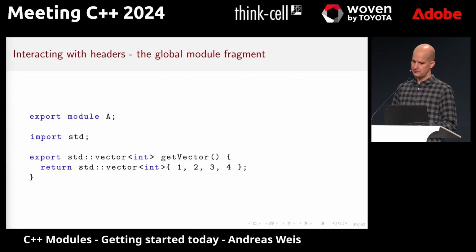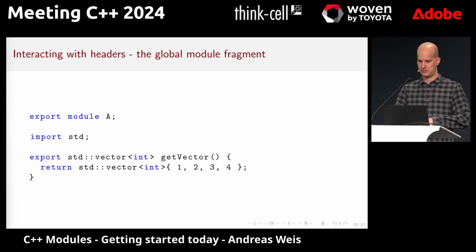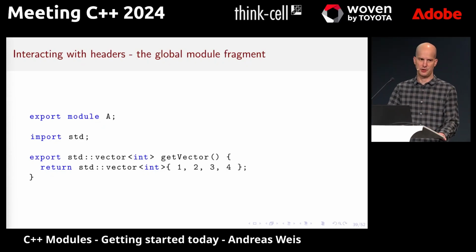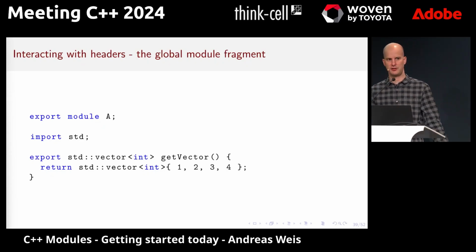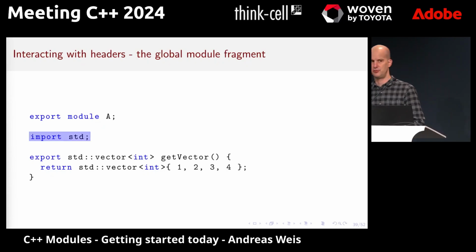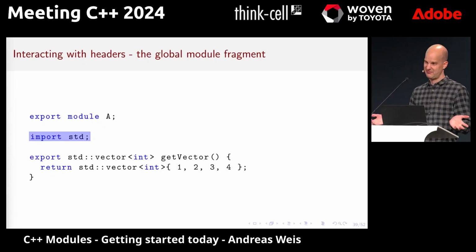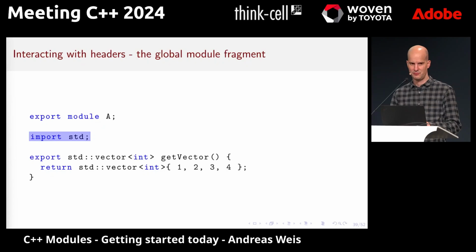In a perfect world, once you start using modules, you just never use includes again, right? Everything's a module, everything is great. Only use import, no longer use include. Fine, but that's probably not how it's going to work.